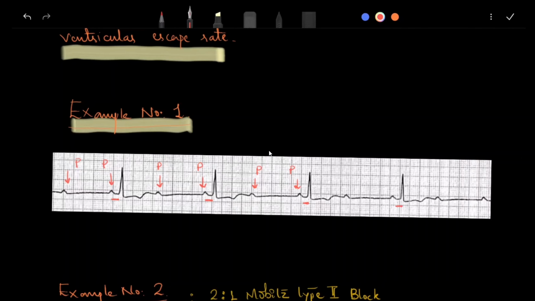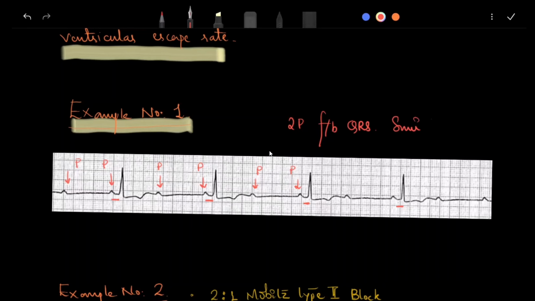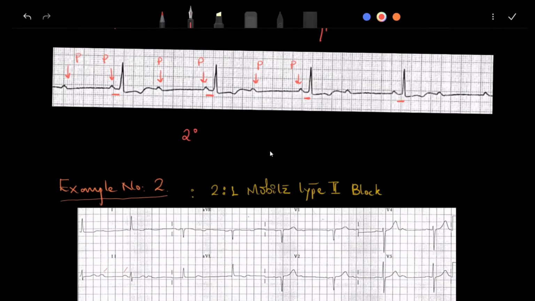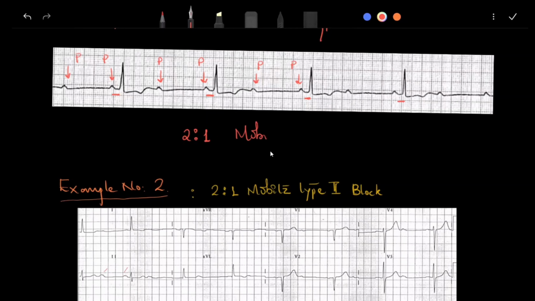So two P followed by QRS. Since the PR interval is constant, we could say it is type 2 Mobitz second degree AV block. So this is 2:1, two P and one QRS. That is 2:1 Mobitz type 2.